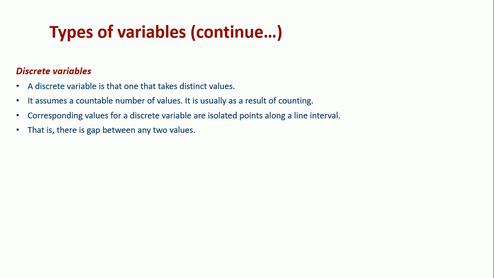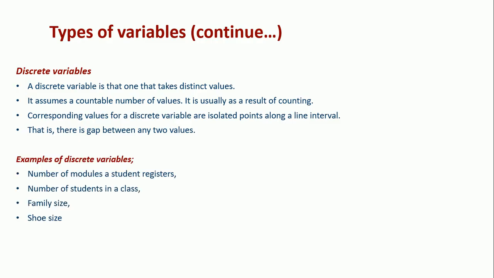So this means that if I am to ask you to give me a discrete variable, it doesn't have decimal places. For example, if we are to count number of people in a test, you can't say there are 2.79 people, because the values have to be distinct.